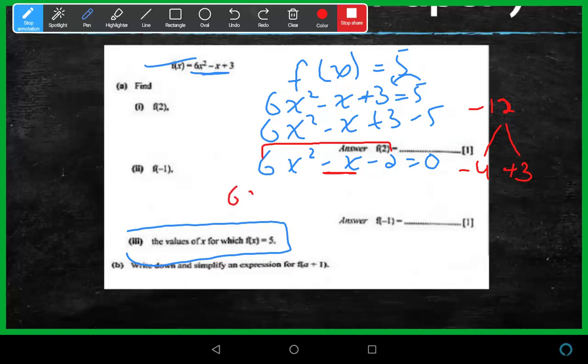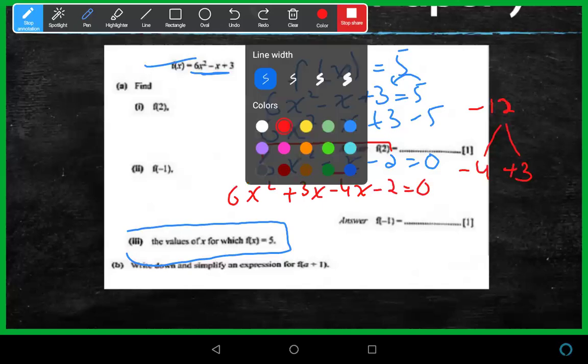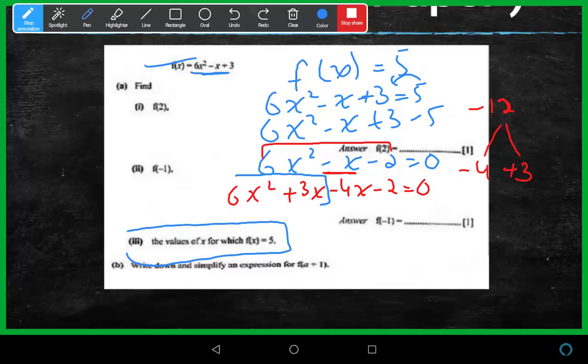So this is a middle term break, we have to break the middle value and replace it by negative 4 and positive 3. So we will write it like this: 6x square plus 3x minus 4x minus 2 is equal to 0. Now, the common part of the first two terms is 3x, so the remaining will be x plus 1.